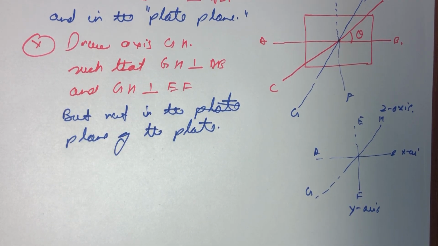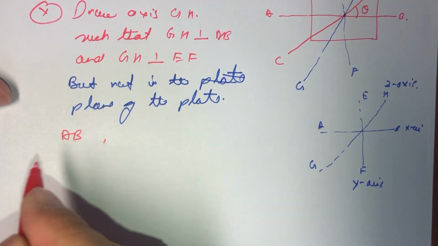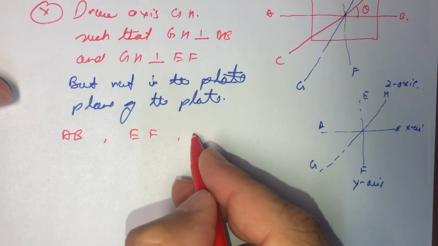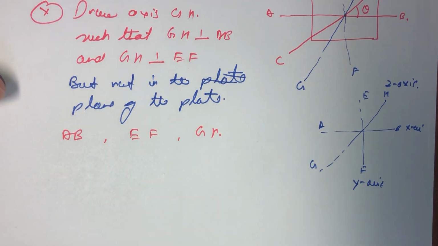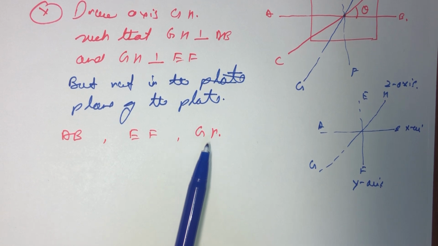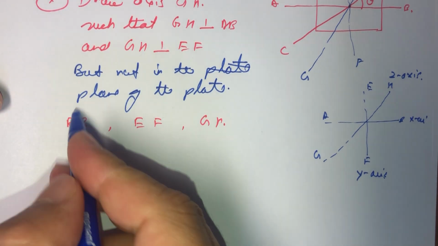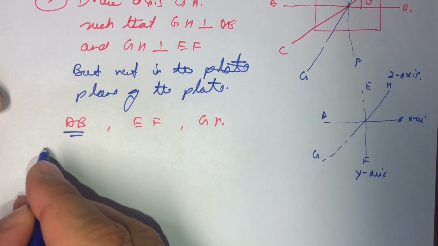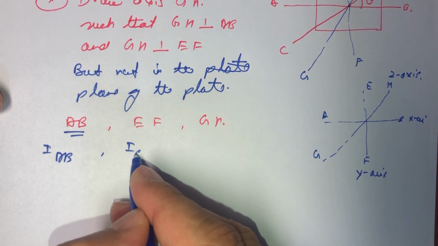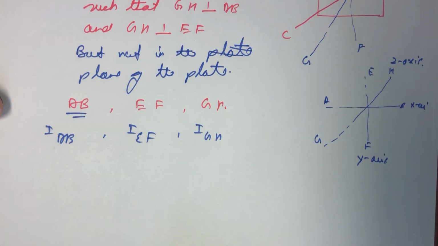So now we have three axes which are perpendicular to each other, AB, EF and GH. AB and EF are in the same plane, whereas GH is perpendicular to both AB and EF but not in that plane. For AB, let us write its moment of inertia as IAB. For EF, it is IEF, and for GH, we write IGH.